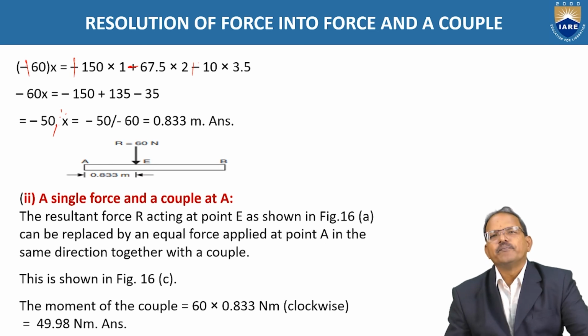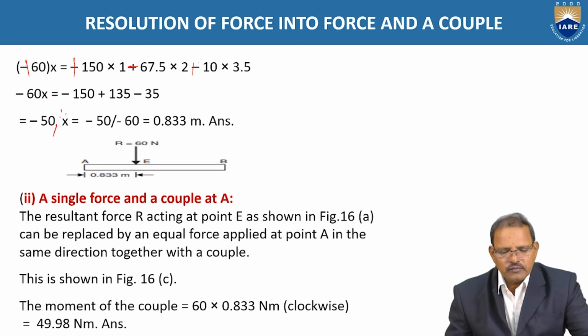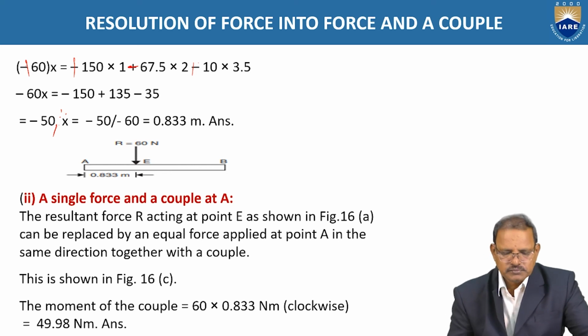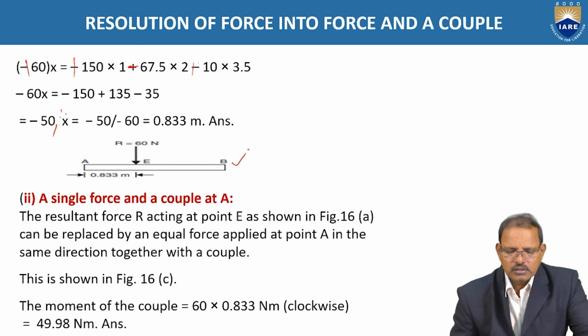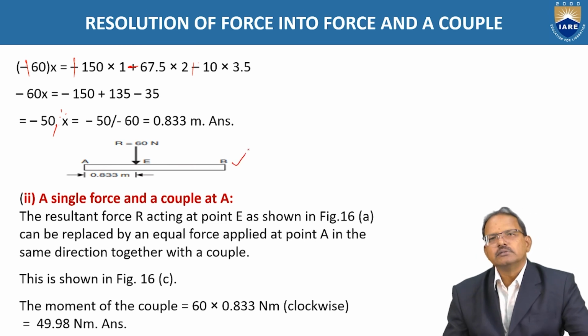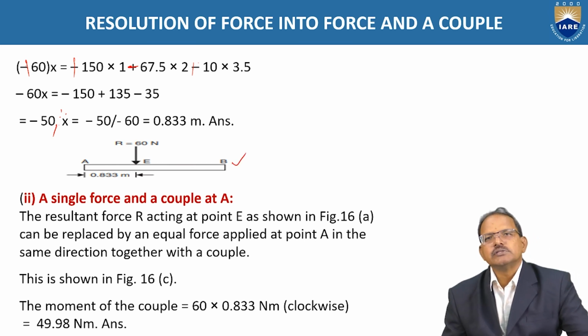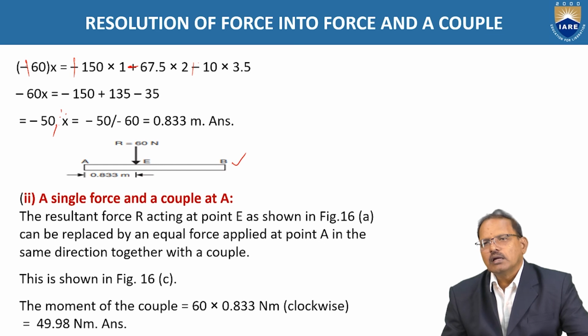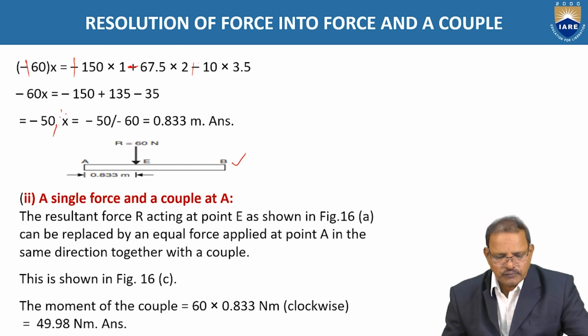That means the resultant force is acting at a distance of 0.833 from A as shown in figure. This is now treated as reducing the system of forces into a single force. The single force means we have to identify the magnitude as well as the direction and point of application of the force.